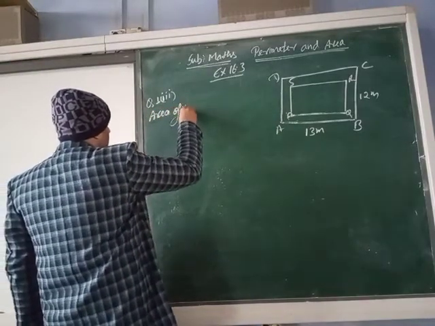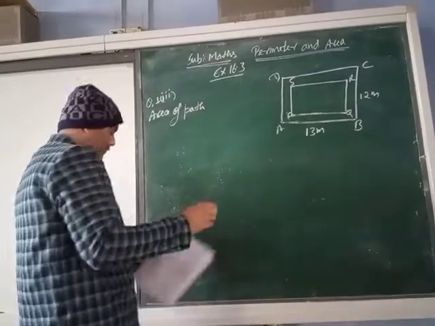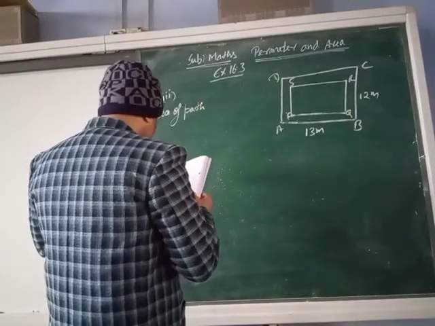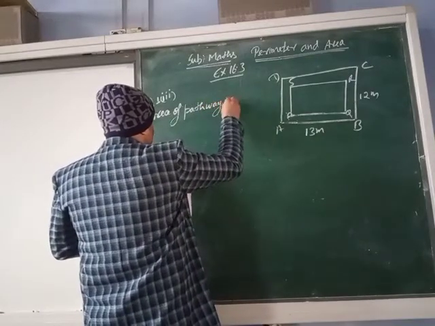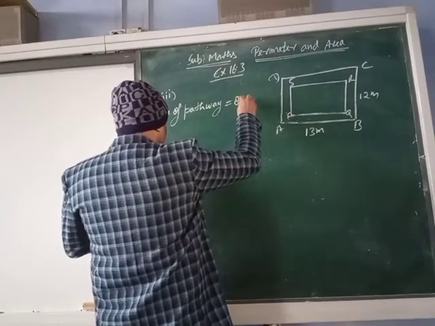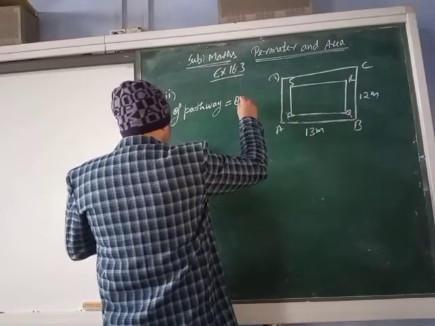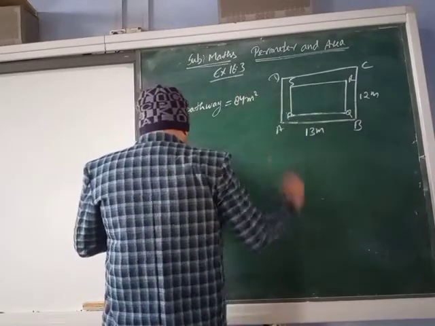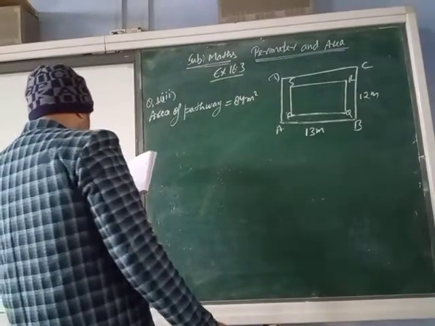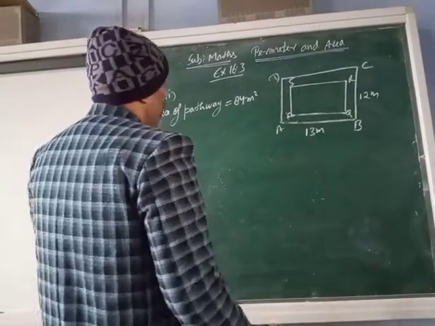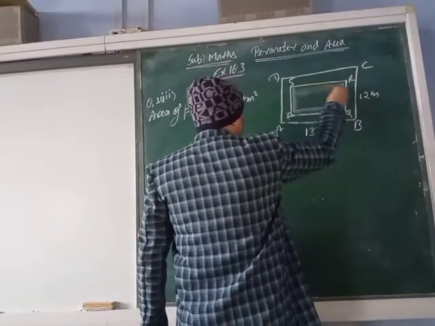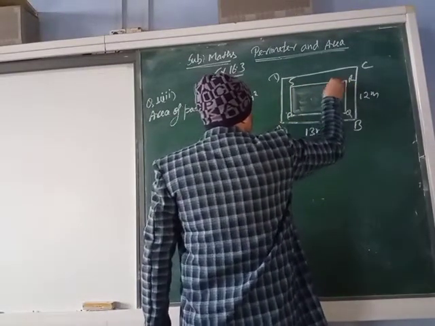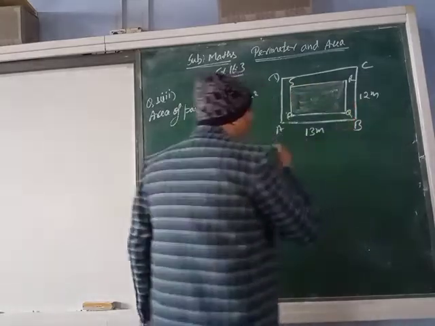Area of pathway is 84 meter square. Now we have to find out this area. Then what we have to do?